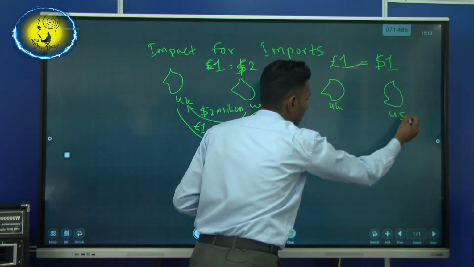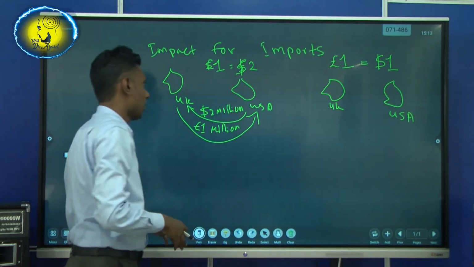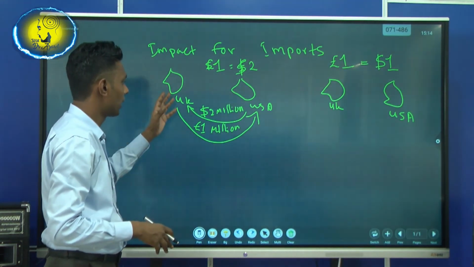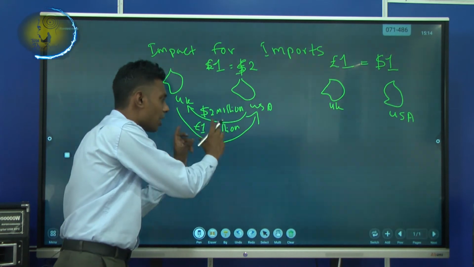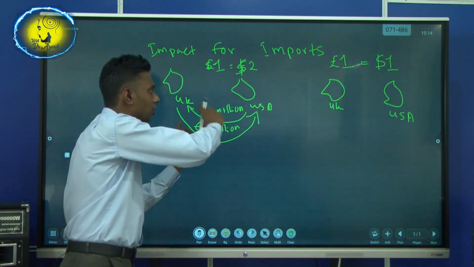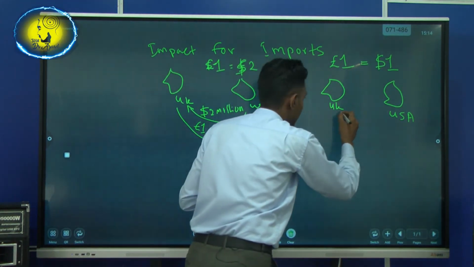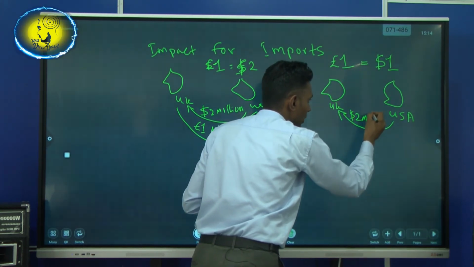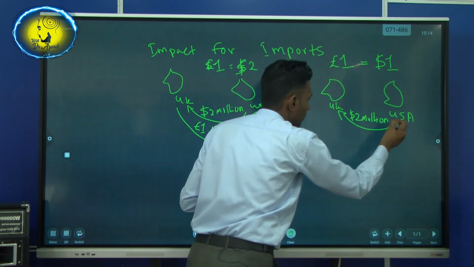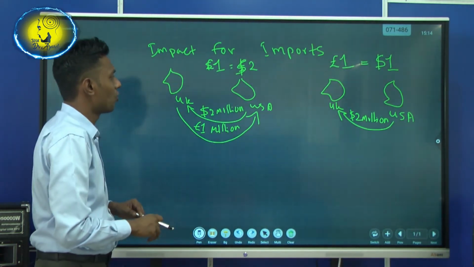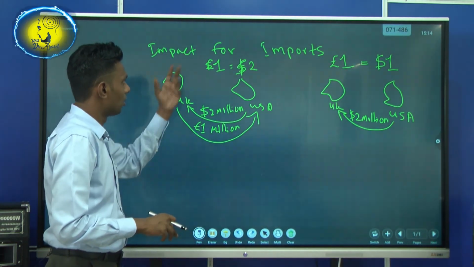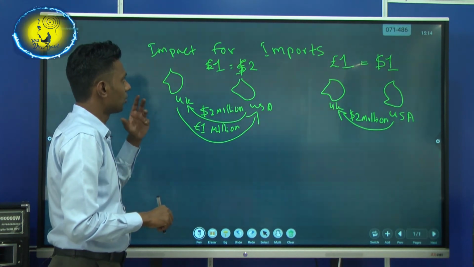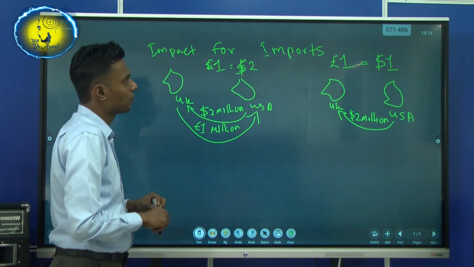Before, to import from the United States of America, the UK had to pay 1 million pounds. Now to import the same good from America, which is worth 2 million US dollars, how much is the value of sterling pounds?